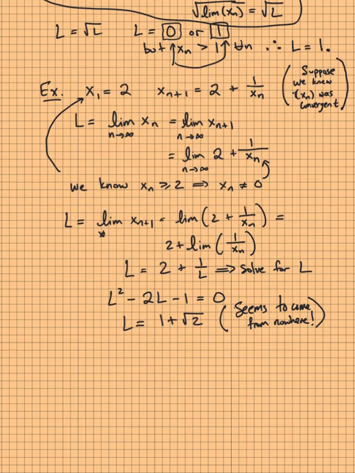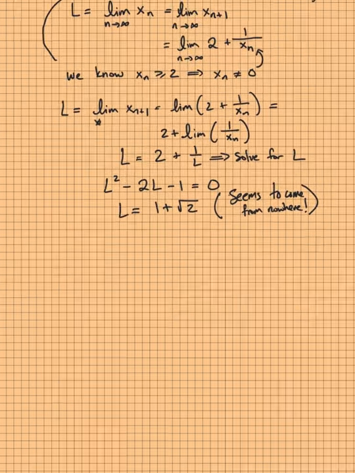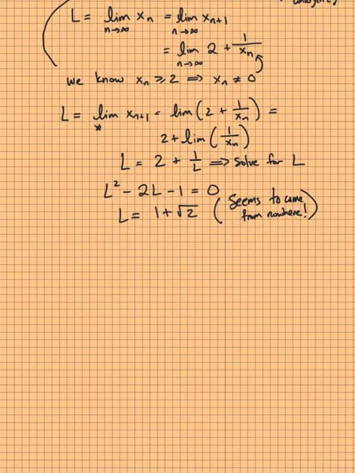Okay, so you may be saying at this point, wait a second, before we had 0 or 1 as possibilities, here we have another solution for L. L could have been 1 plus square root of 2, but L could also have been 1 minus the square root of 2.